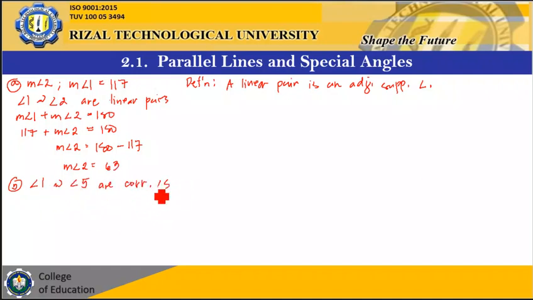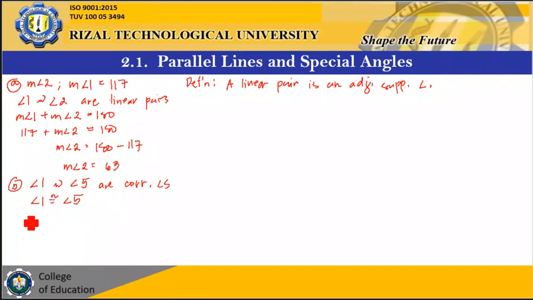So if they are corresponding angles, we know that angle 1 is congruent to angle 5. That is the postulate that we discussed in the previous video. We know that if two lines are cut by a transversal, then the corresponding angles are congruent.